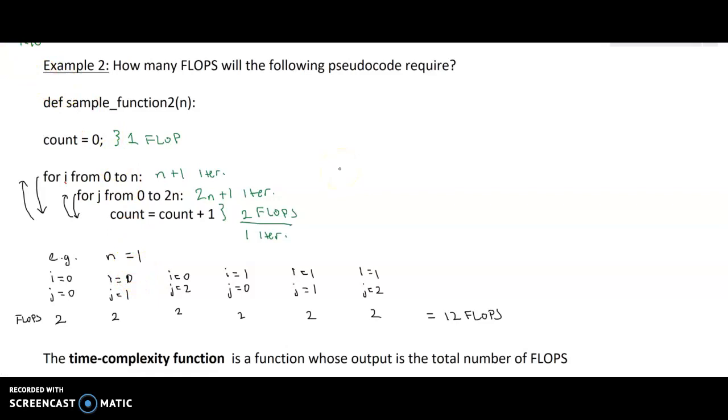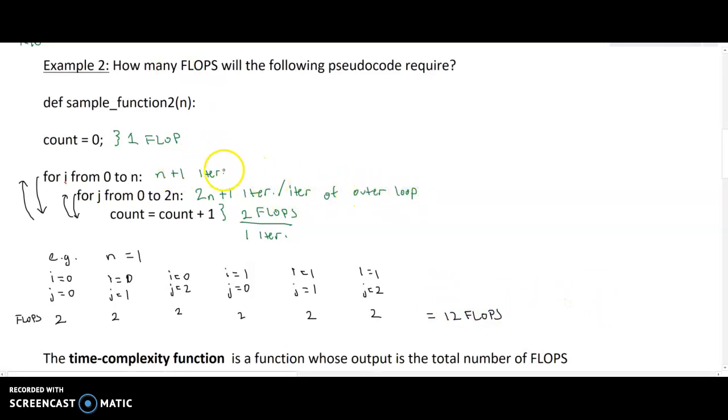That means there'll be 6 total iterations of 2 flops. 6 times 2 is 12. So what really happened is, if you think about it, this is iterations per iteration. I'm sorry, other way around. This one here, the inner one, is how many times this will iterate, 2n plus 1 per iteration of the outer loop.